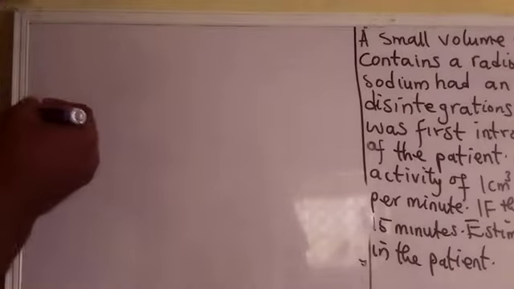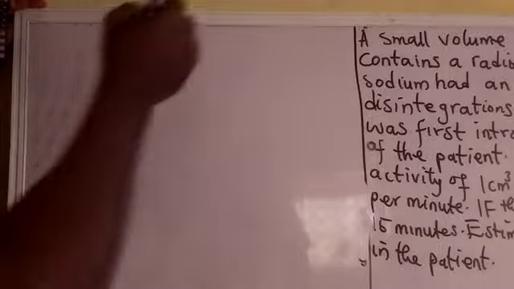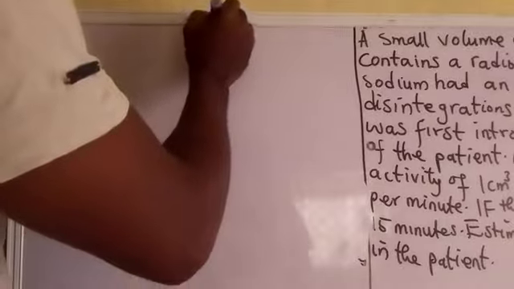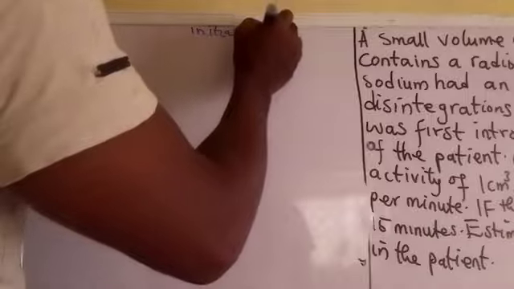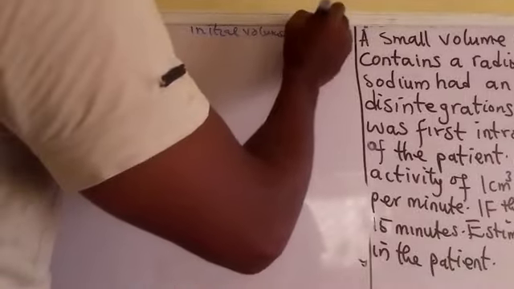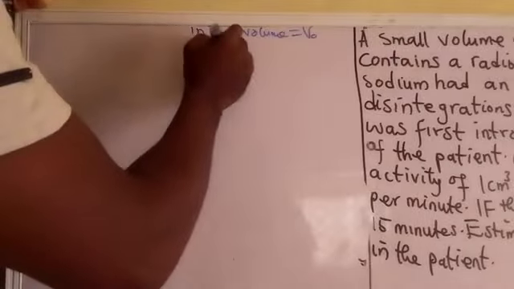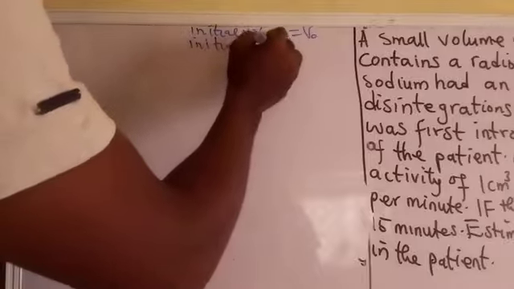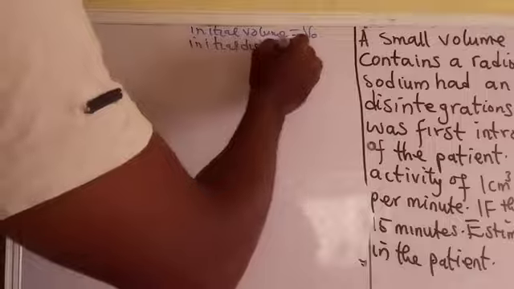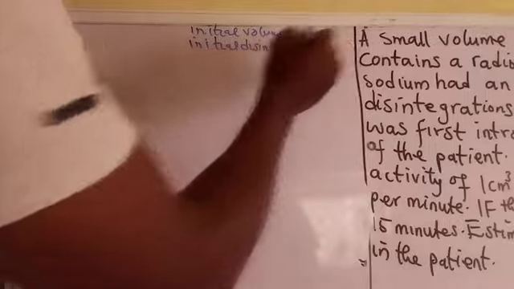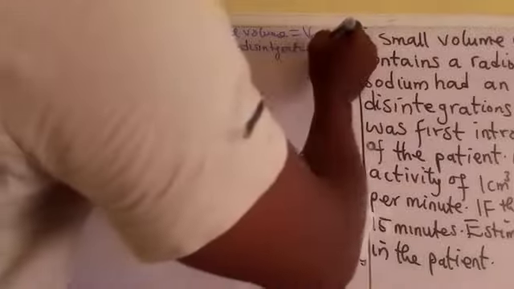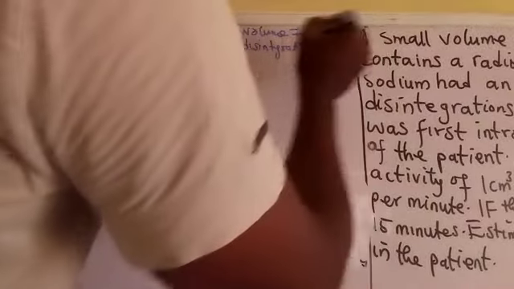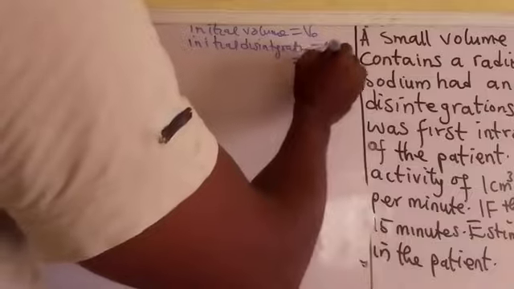Okay, now considering the alternative method, you can say the initial volume, let's just say initial volume, call it V subscript 0. Now say, what is initial disintegration? Initial disintegration is given by N naught, which was 1200.